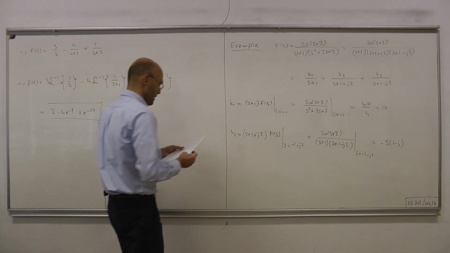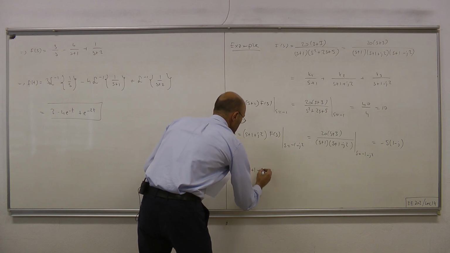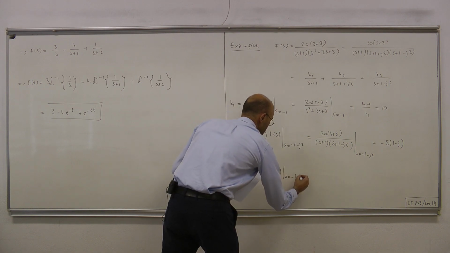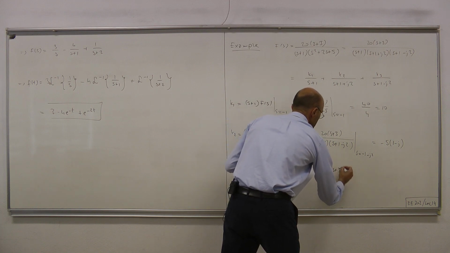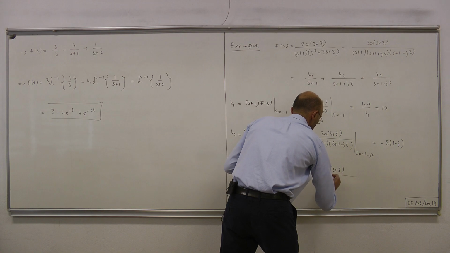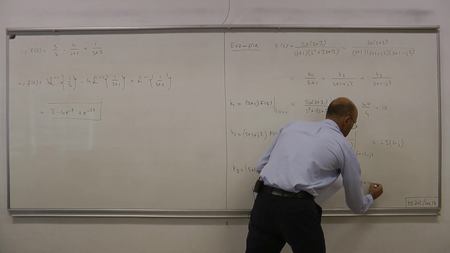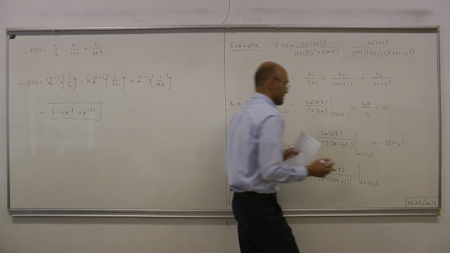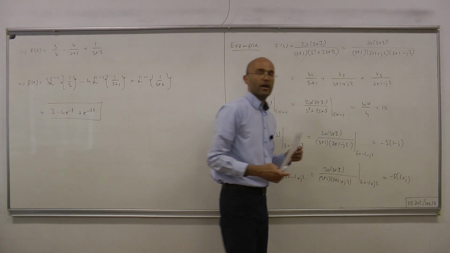And finally, k3 equals (s plus 1 minus j2) times F of s evaluated at s equals minus 1 plus j2. That equals (20s plus 3) over (s plus 1) times (s plus 1 plus j2) evaluated at s equals minus 1 plus j2, and that turns out to be minus 5 times (1 plus j).